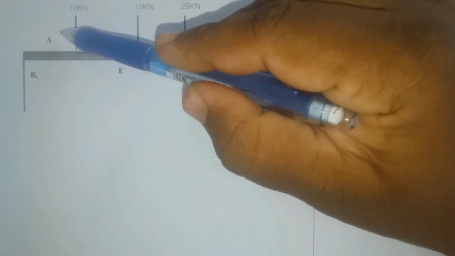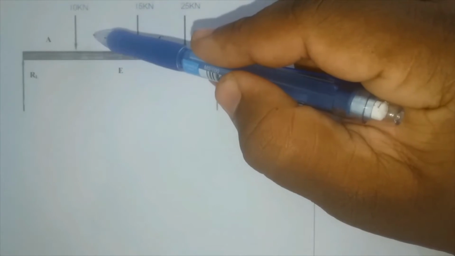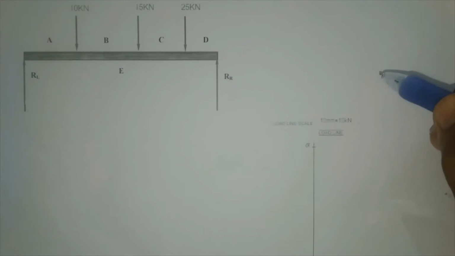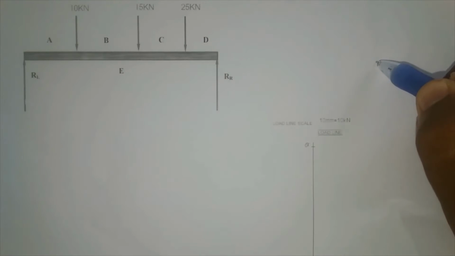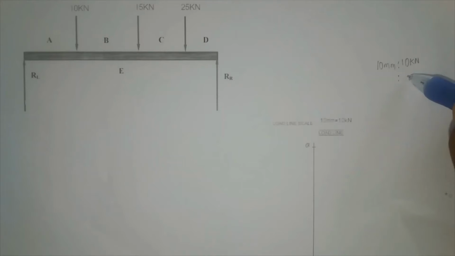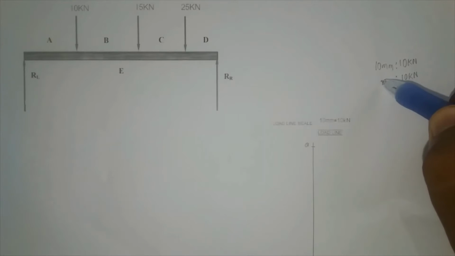So the force acting from A to B, the force acting downwards, is 10 kilonewton. If I use my load line scale, 10 mm is to 10 kilonewton, the force from A to B is 10 kilonewton, and the distance I have to find, x.